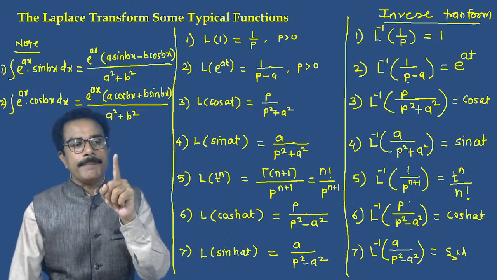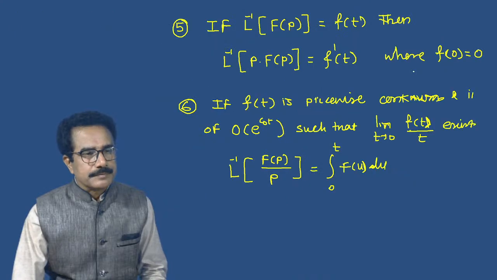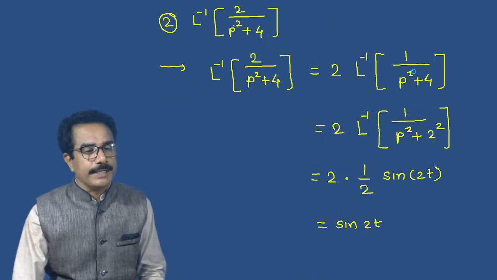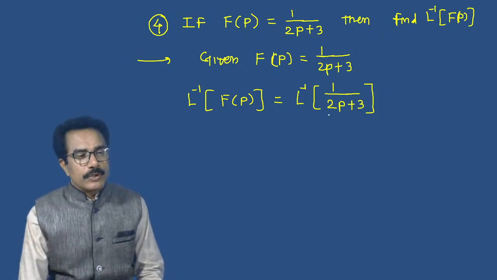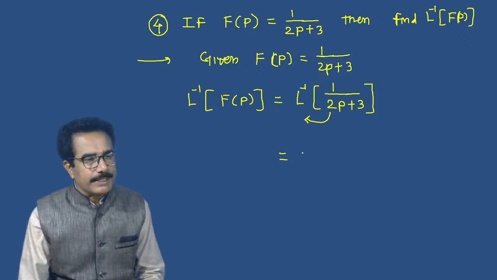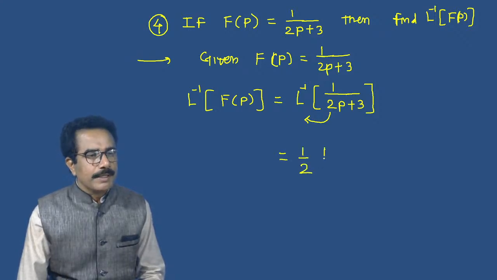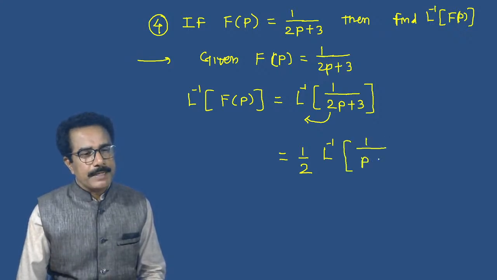According to the second formula, in this problem there is a 2. So take this 2 common from the denominator, it will be 1 by 2 L inverse of 1 upon p plus 3 by 2.